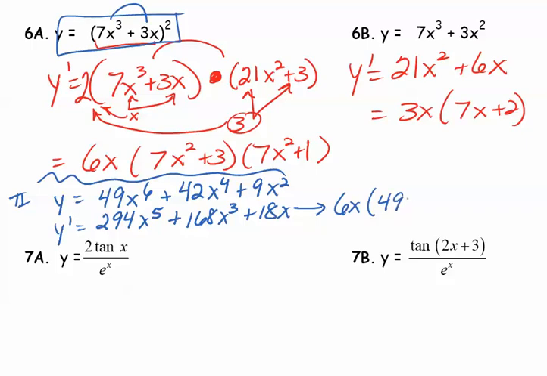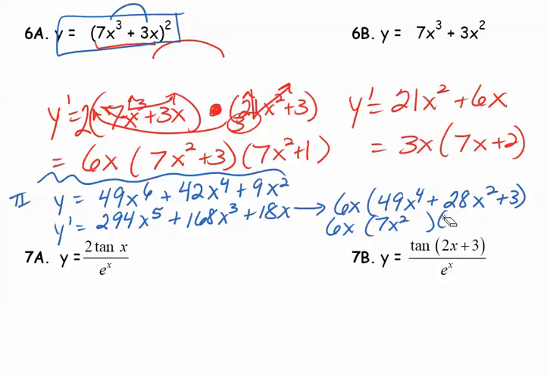So I can take the 6 back out again. 6 into 168 would be a 28 x squared and a 3, and then we can check our factoring here.